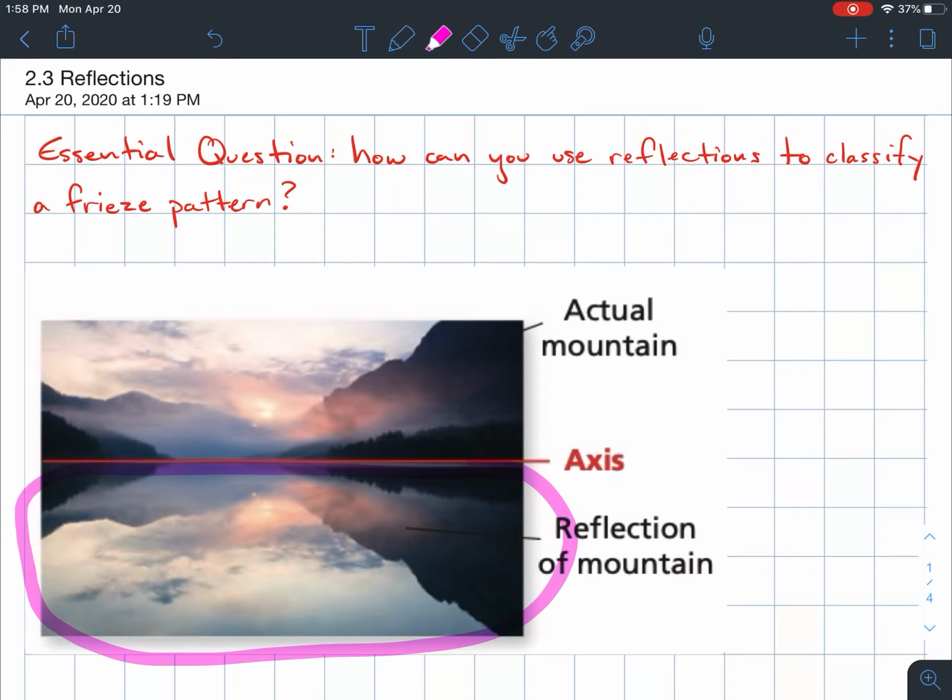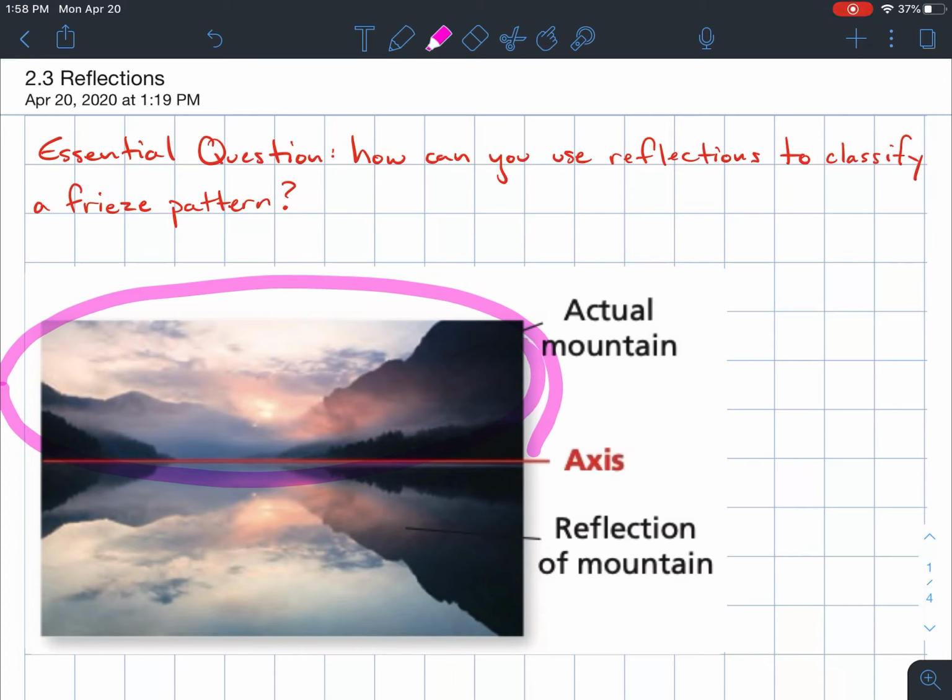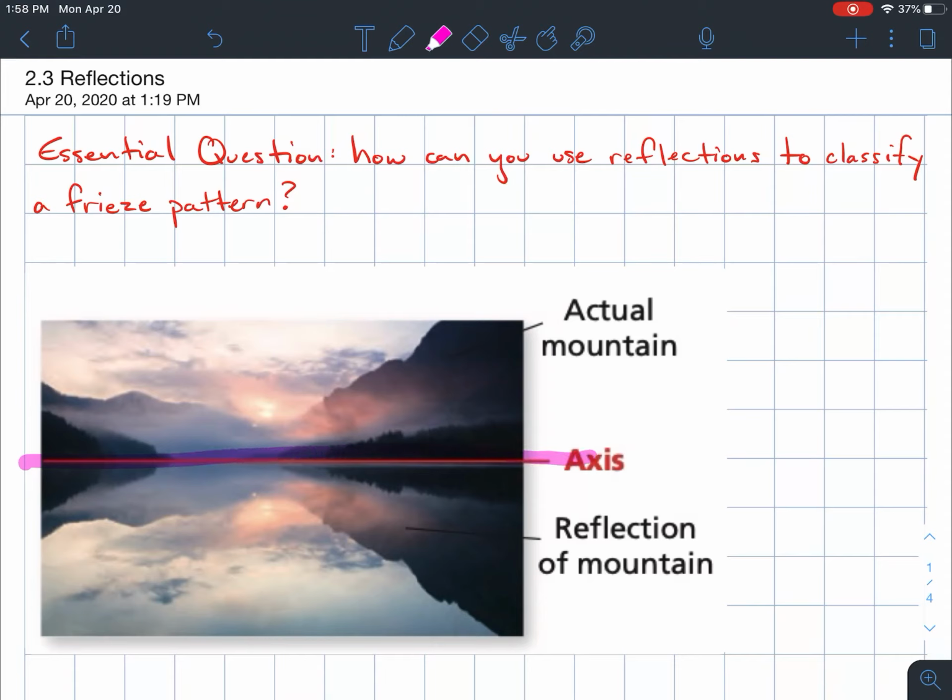So the water is performing a reflection of the top section of this image, and the axis is indicating where the top section or the actual sunset or sunrise is, and where its reflection is along the body of water. So that axis serves as a line of reflection for the actual mountain and the reflection of the mountain.